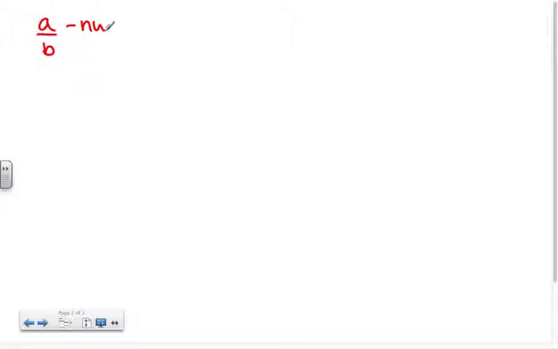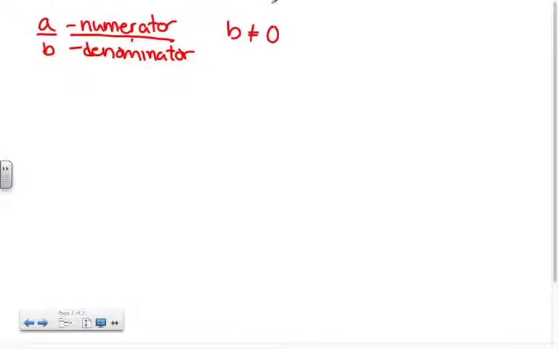A is the numerator, and of course b is the denominator, and b can never be 0.